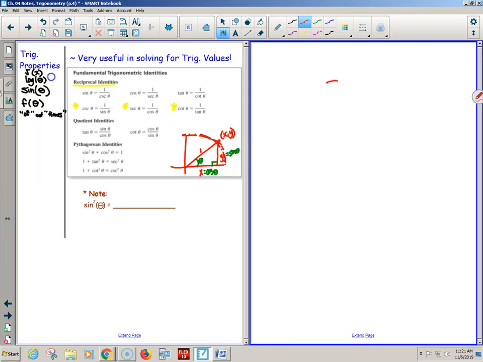I could rewrite that triangle in the unit circle as, let's see, sine would be 1 over cosecant of theta, and cosine would be 1 over secant of theta is 1. I could have tried to do that.